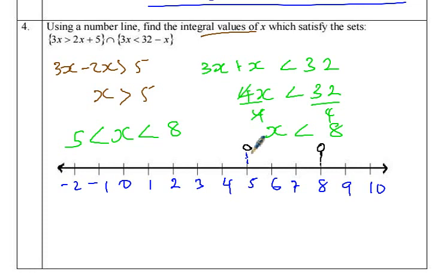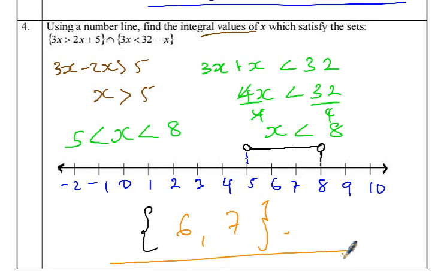And so we can now connect this using a straight line. So this is our intersection here. And the integral values in this intersection, the integers, are 6 and 7. So in the intersection of the two inequalities, we have there 6 and 7.